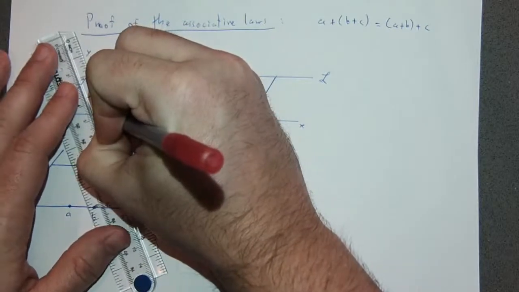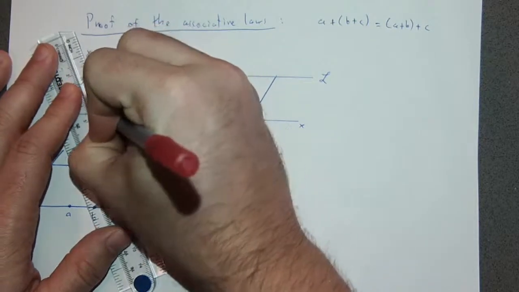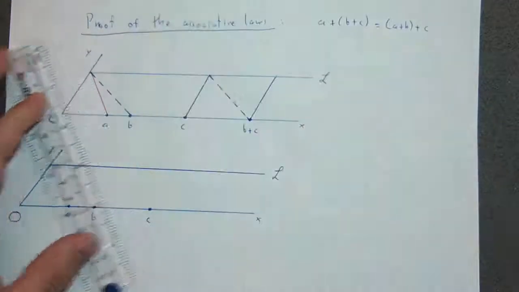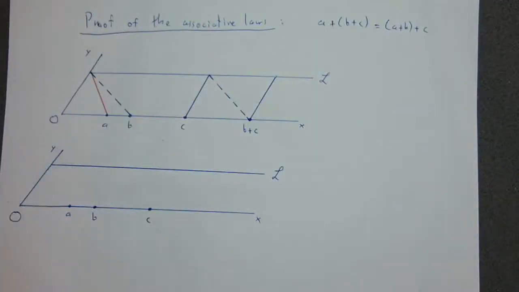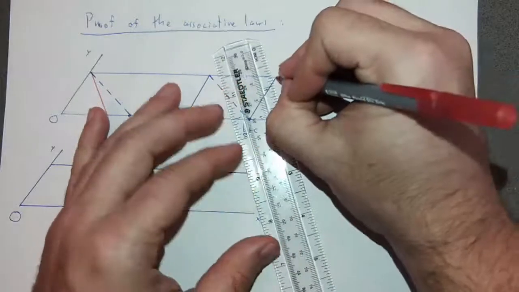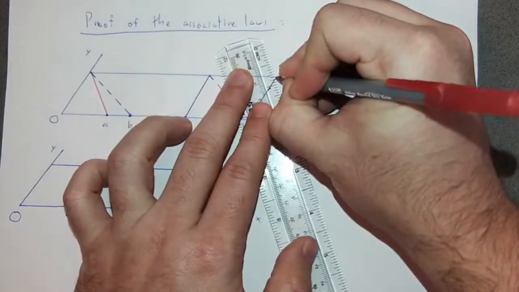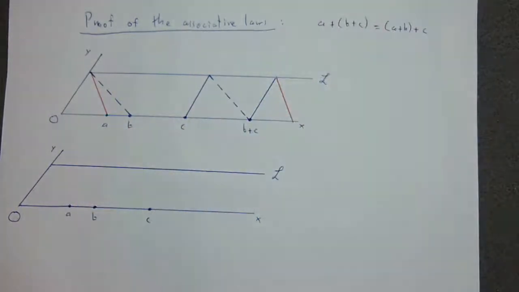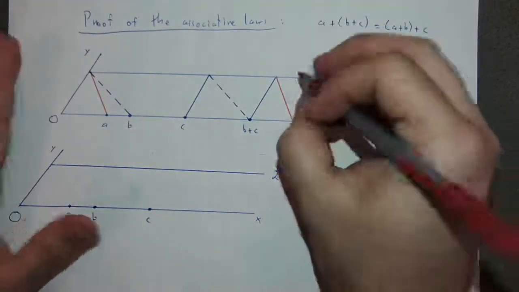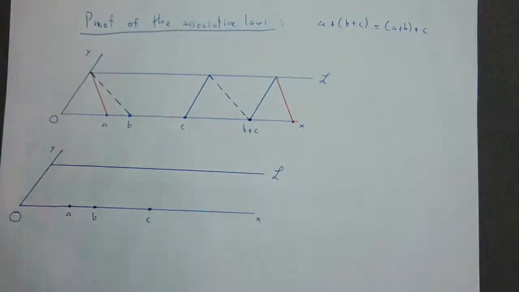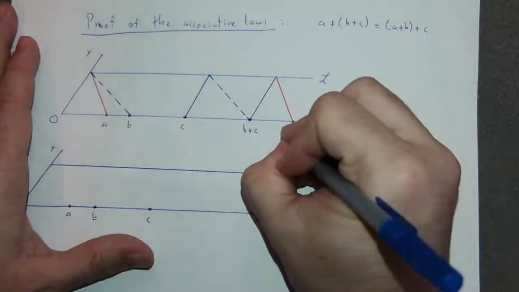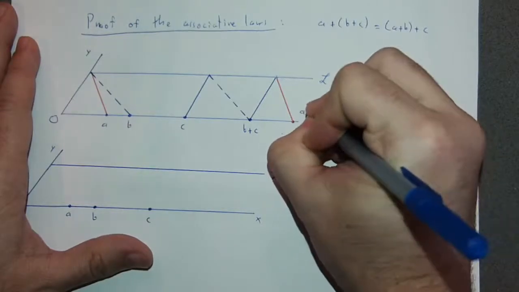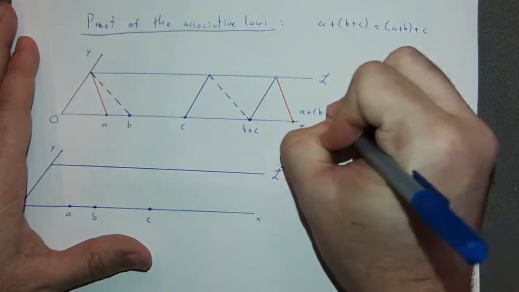So I have my red solid line from A to this intersection point. And if I draw in a red solid line from this point that's parallel to that, that should be A plus B plus C. Right. So what is this point here? This should be A plus B plus C. So this point is A plus B plus C.